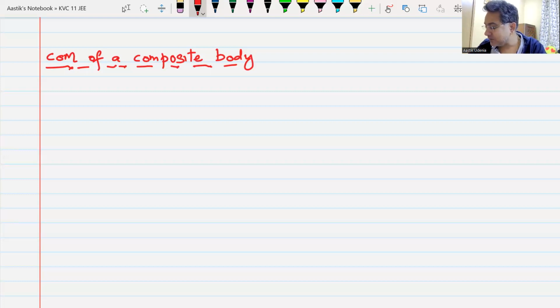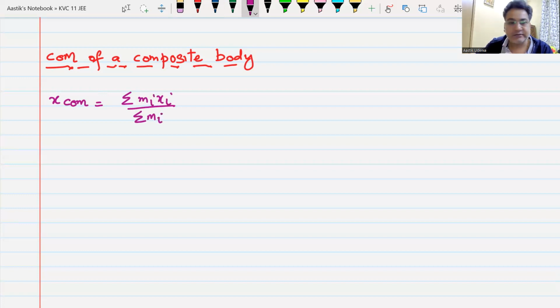To find out the center of mass of such a combined figure, the x position of the center of mass will be equal to, again the same formula, summation of mixi divided by summation of mi. Basically, I find the x coordinate of those bodies, multiply them by their masses, add them, and divide by the total mass.